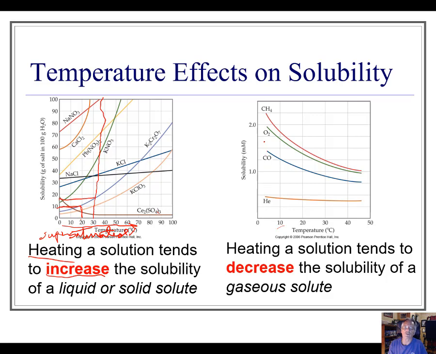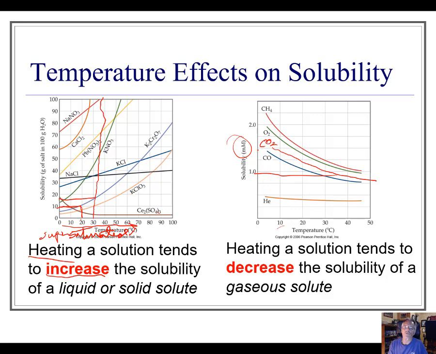Let's say you can dissolve a certain amount of CO2, but as the temperature heats up, less and less CO2 can be dissolved. And this is in a unit called millimolar, which we'll look at a little bit, but not too much. But the concentration goes down.